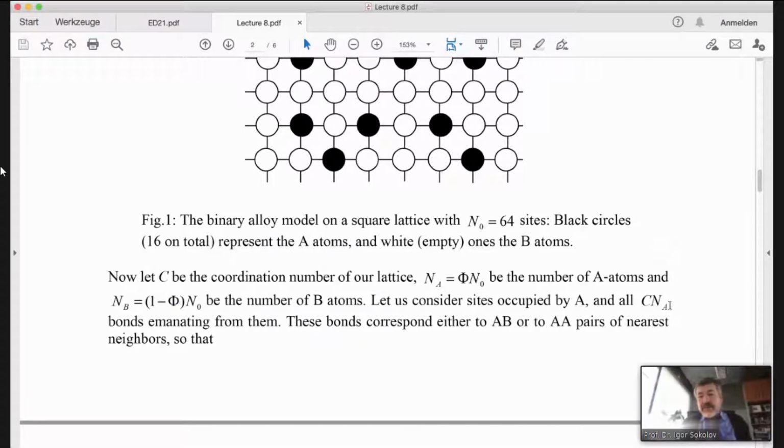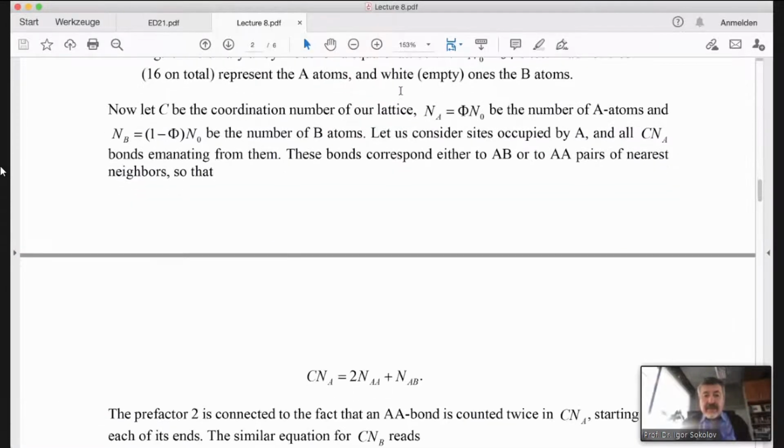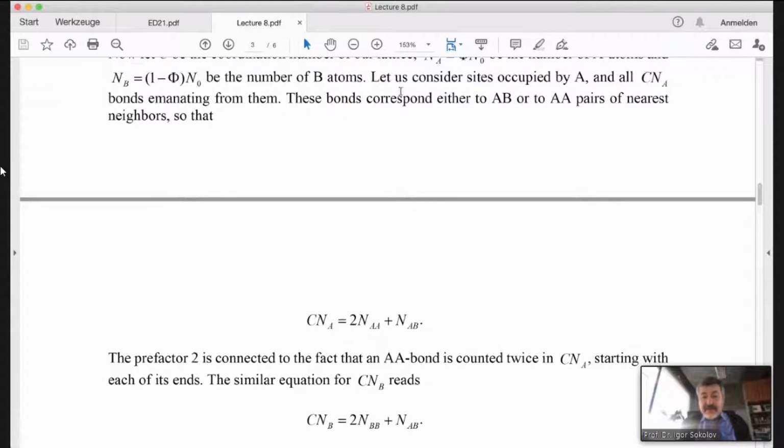Since in total I have N_A sites, there are C times N_A bonds emanating, outgoing from the sites where there is an A atom. And now I say that this total number of bonds emanating from A sites is twice the number of bonds connecting A sites plus once the number of bonds connecting A's and B's.